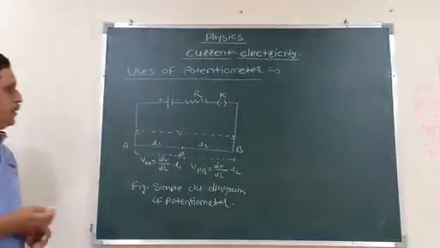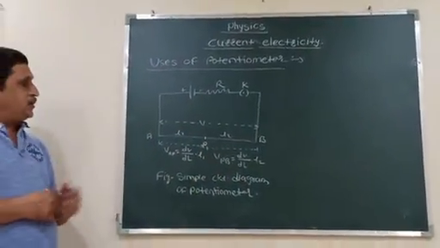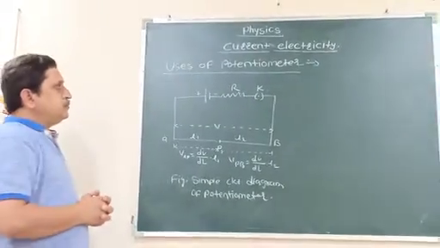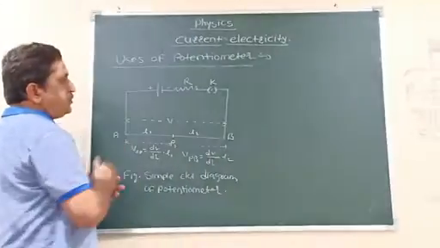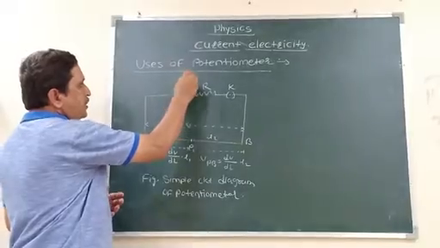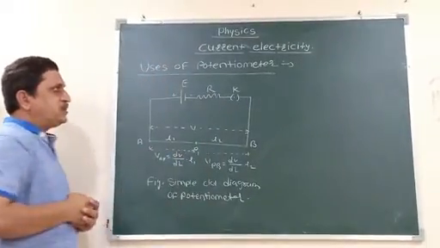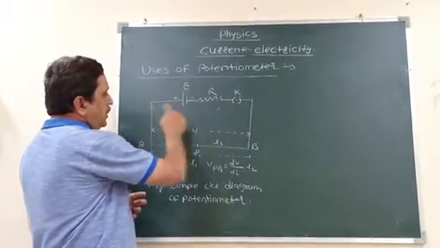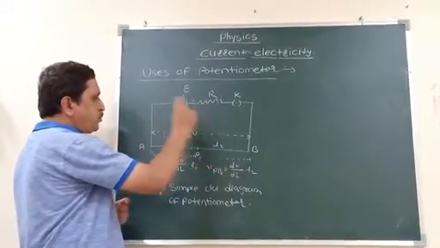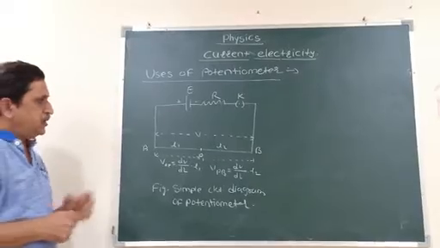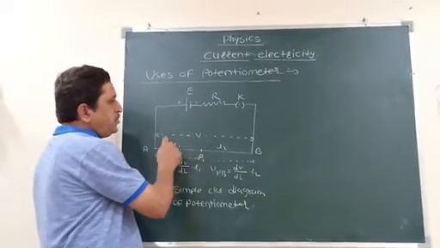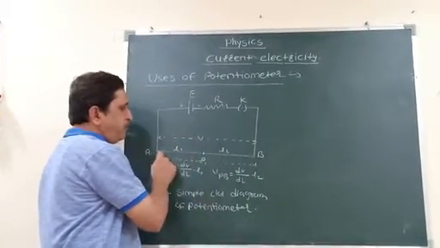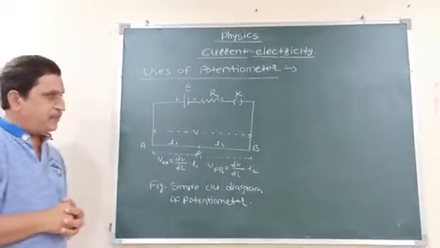Now here AB is a wire of potentiometer. Then to the ends of this wire a cell of EMF E, resistance R and key K are connected in series combination between the 2 points of the potentiometer. Now suppose capital V is the total potential difference between point A and B.